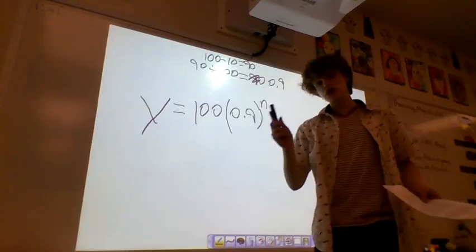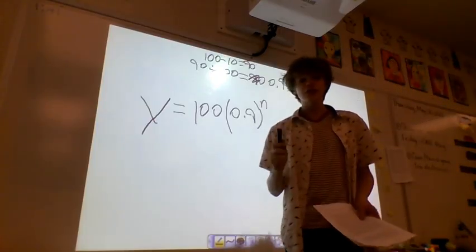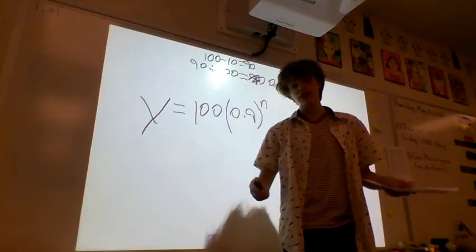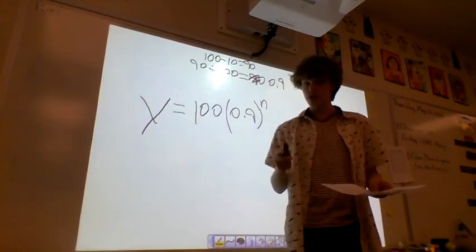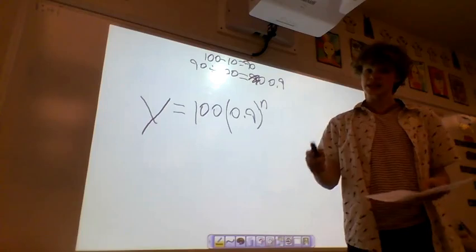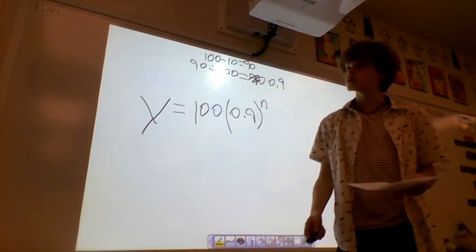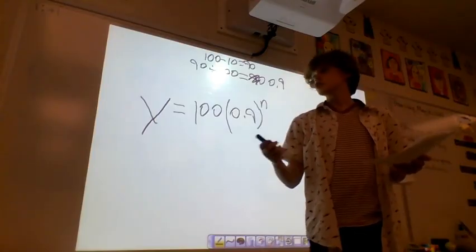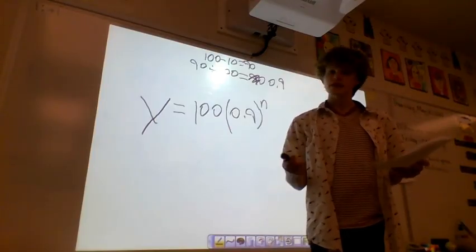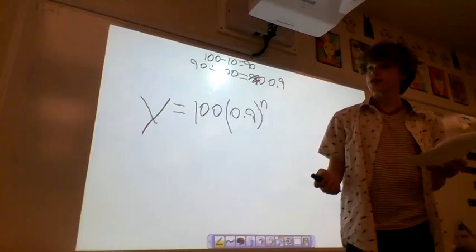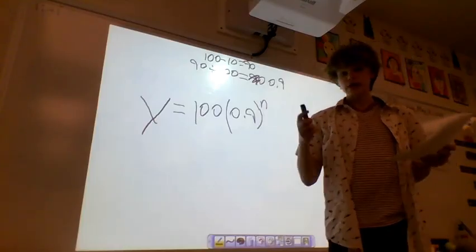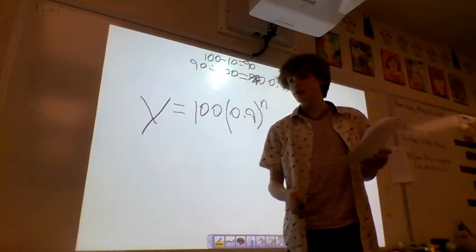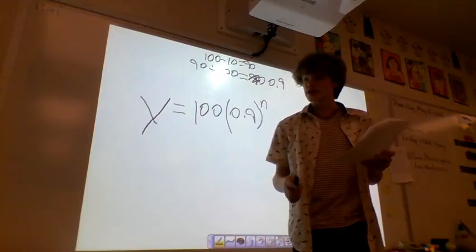Now, you will want to take out your calculators for this. You won't be able to calculate it otherwise. However, to calculate this, you would need a scientific calculator. So if you have a scientific calculator at home, I'd recommend pulling it out right now.